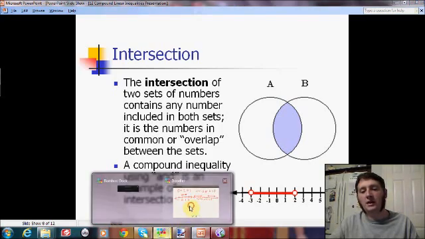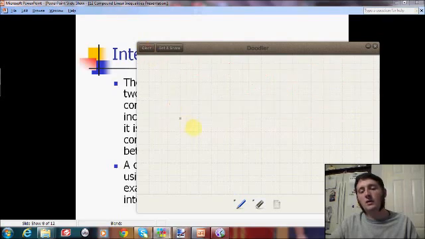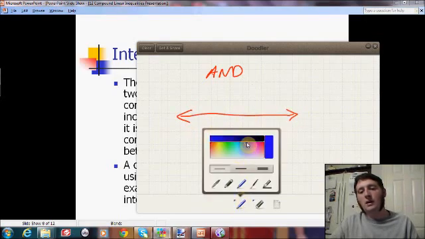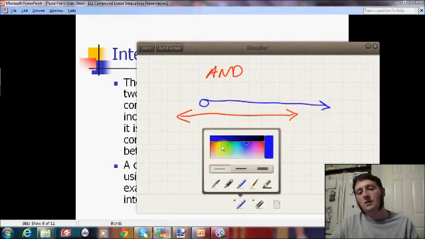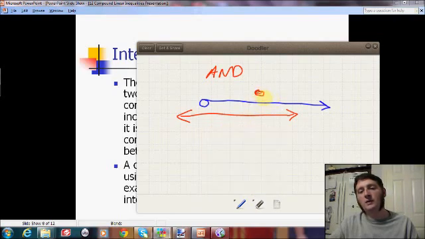What I mean by that is the way an and inequality works is you have the number line, and say some part of the inequality does this, and some part of the inequality does this.